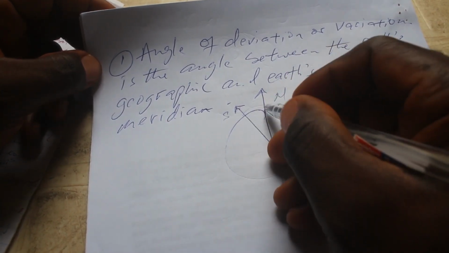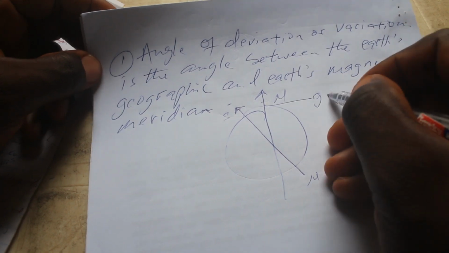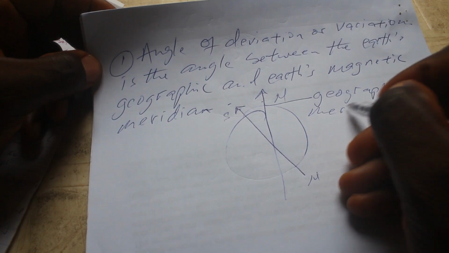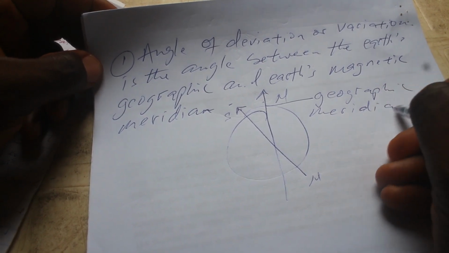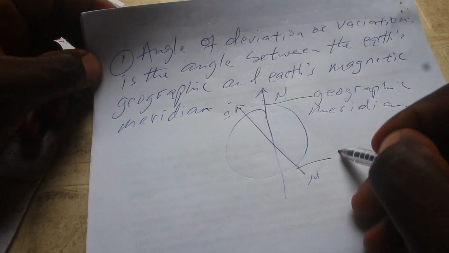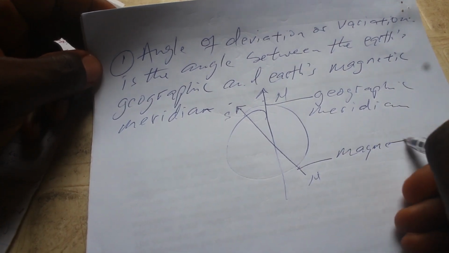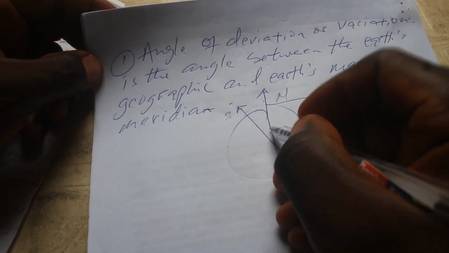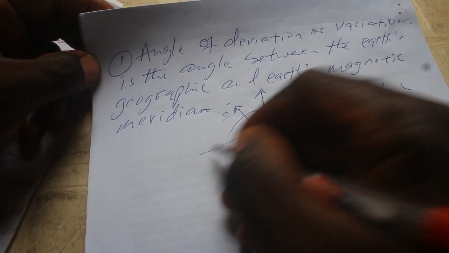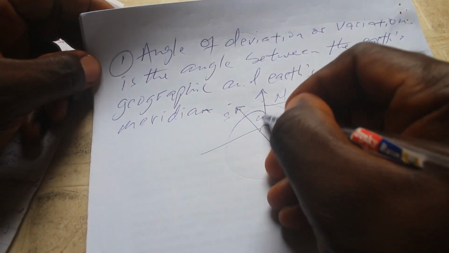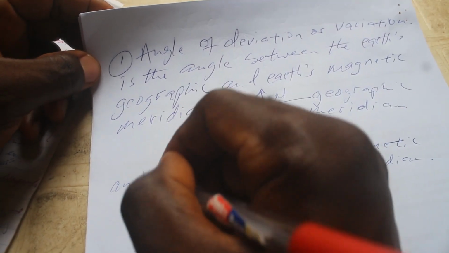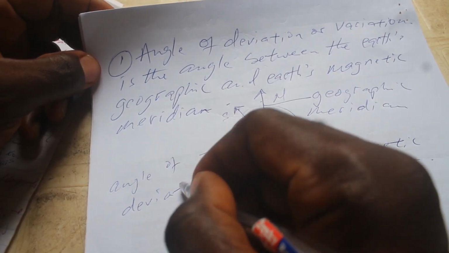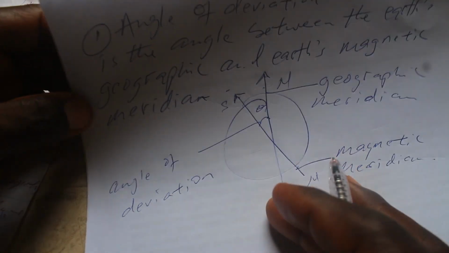So the angle between the Earth's geographic meridian and the Earth's magnetic meridian is what we call the angle of deviation, or angle of variation.